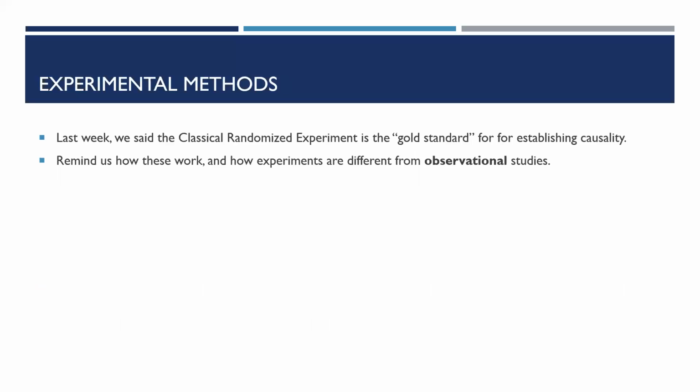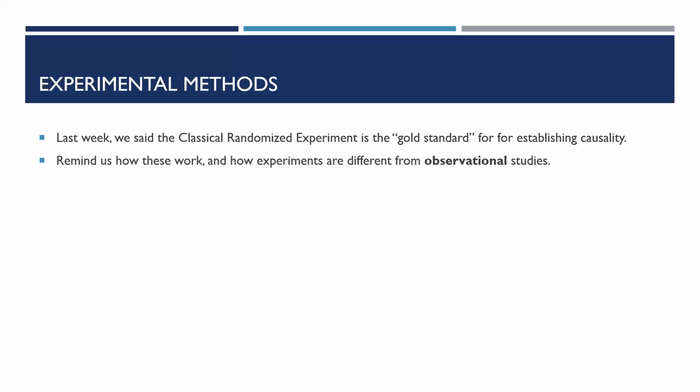All right, so now that we've talked about those, let's talk about experiments a little more. Last week, we said this classical randomized experiment is kind of the gold standard for establishing causality. It allows us to check all 3 boxes: covariation, time order, ruling out alternative or spurious explanations.